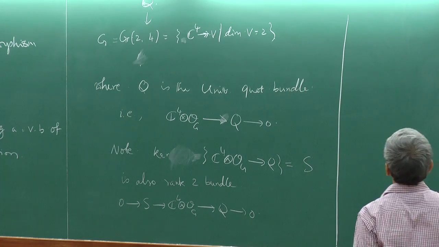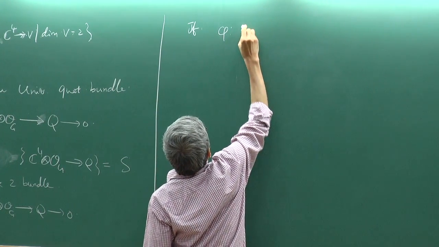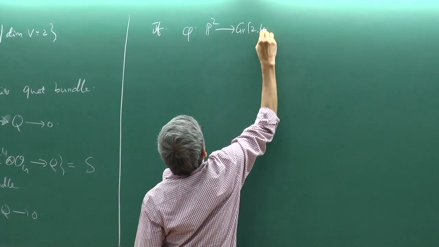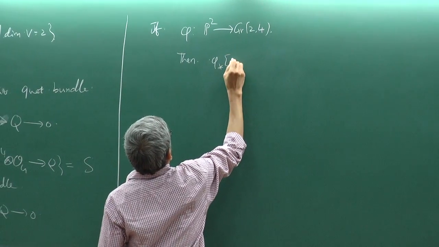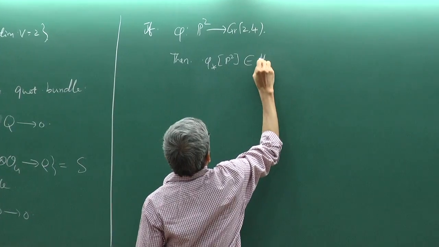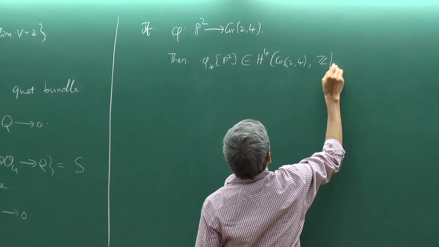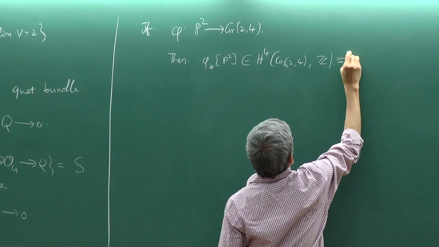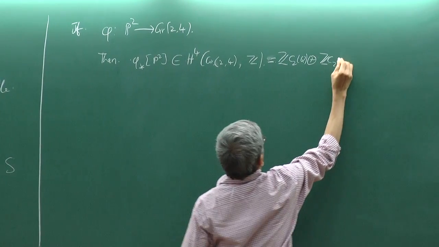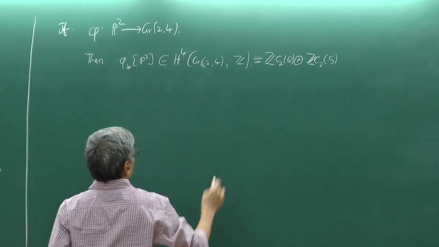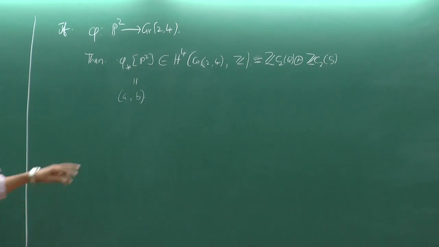Now if phi is a morphism from P2 to GR24, then phi star of the class is a class in H4 of GR24 with coefficients in Z, which is isomorphic to Z plus Z, generated by c2 of Q and the other class. So this determines two integers, A and B, in terms of the generators.